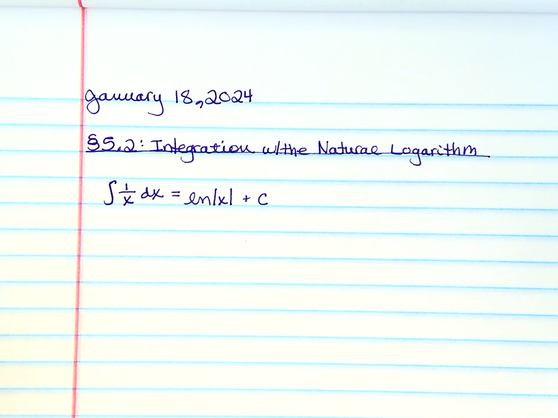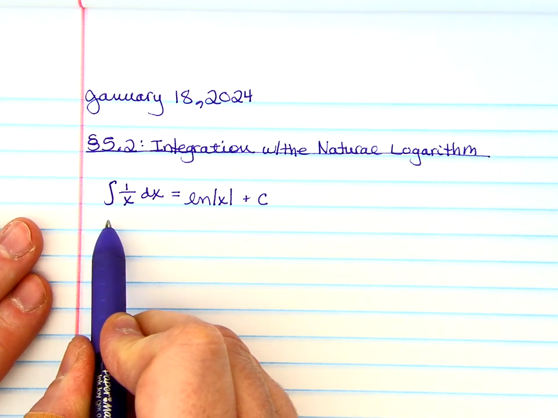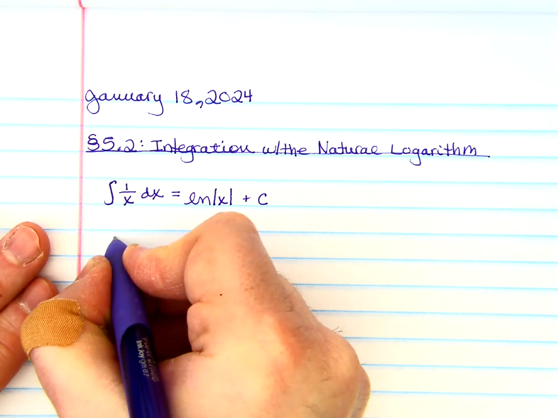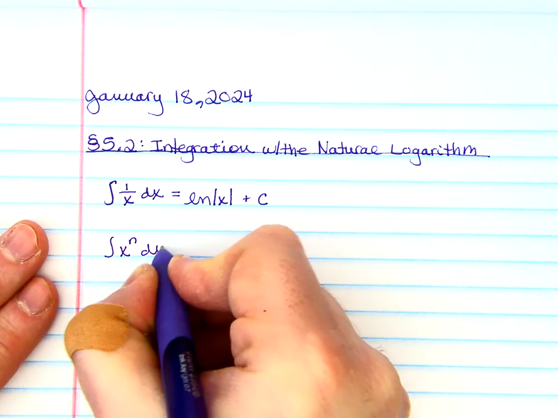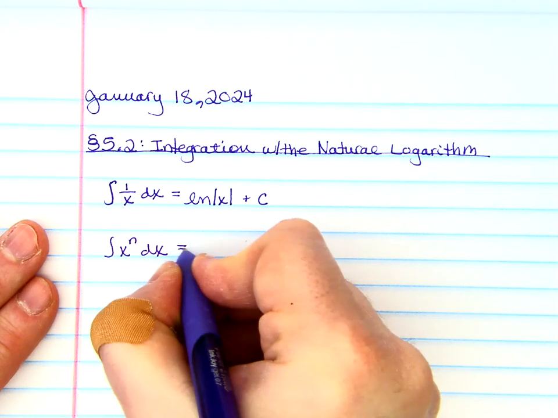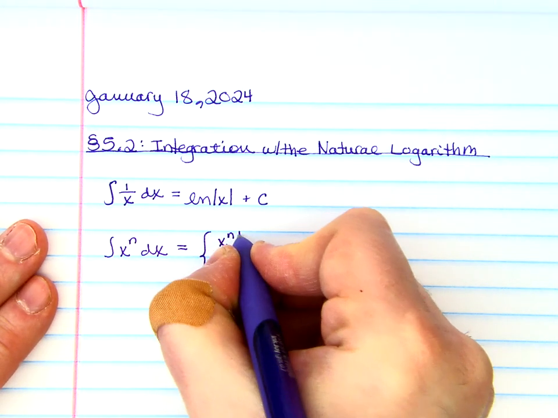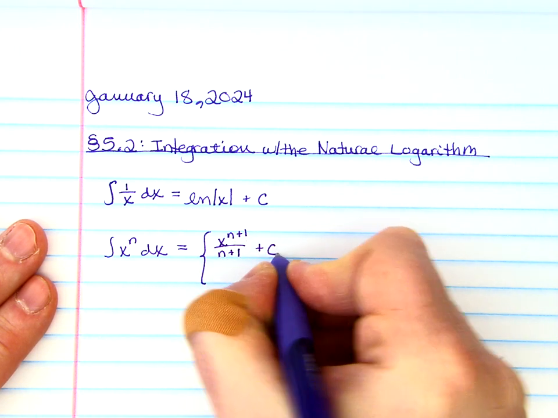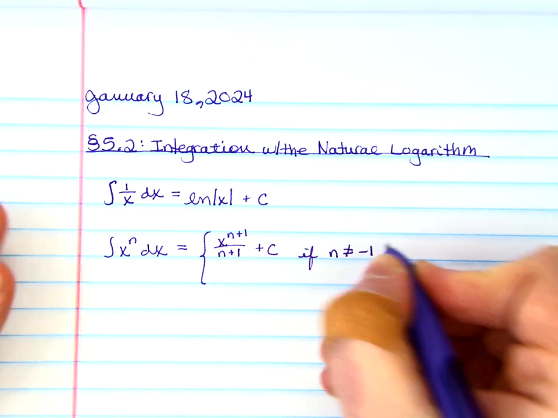One other thing that I do want to note, though, this integration rule is really just a special case of the power rule, when the power happens to be -1. So I also just want to rewrite our power rule, the integral of x to the n dx is x to the n plus 1 over n plus 1 plus a constant if n does not equal -1.